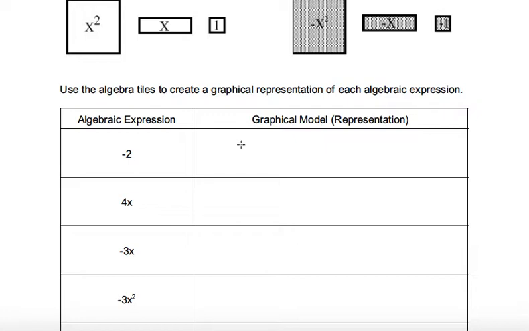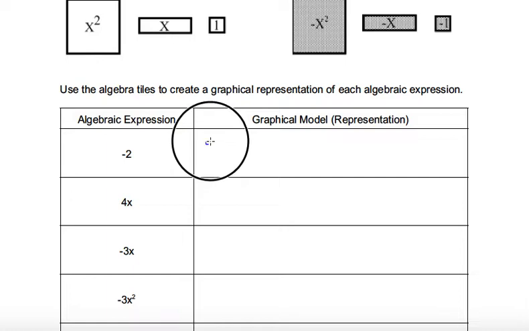So if I wanted to represent -2 graphically using algebra tiles, I would draw 2 little squares, and I would shade them in because they are negatives.